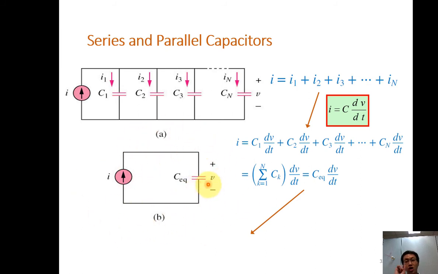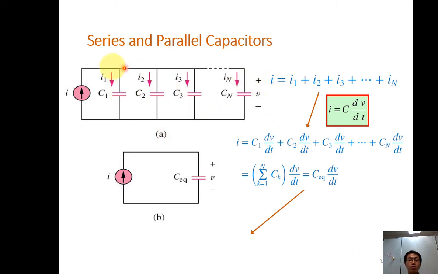How do we do that? First, we need to get a feeling for how to get the formula. I know that the current going in equals the current going out. Apply Kirchhoff's current law, KCL. The current going in equals the current going out at this node.